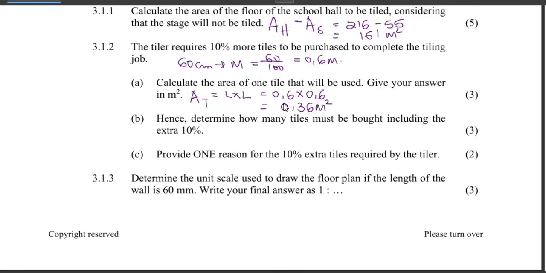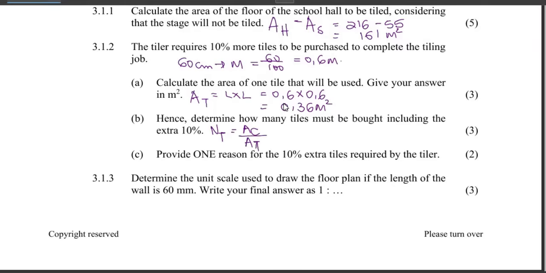Okay. Hence, determine how many tiles must be bought, including the extra 10%. Now, when we look at the number of tiles, it will be the area to be tiled, let's call it the area to be covered, divided by the area of only one tile.